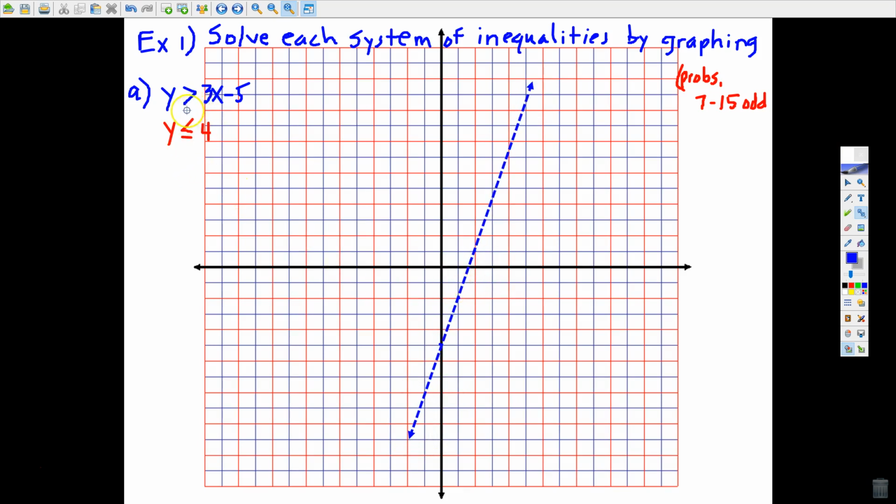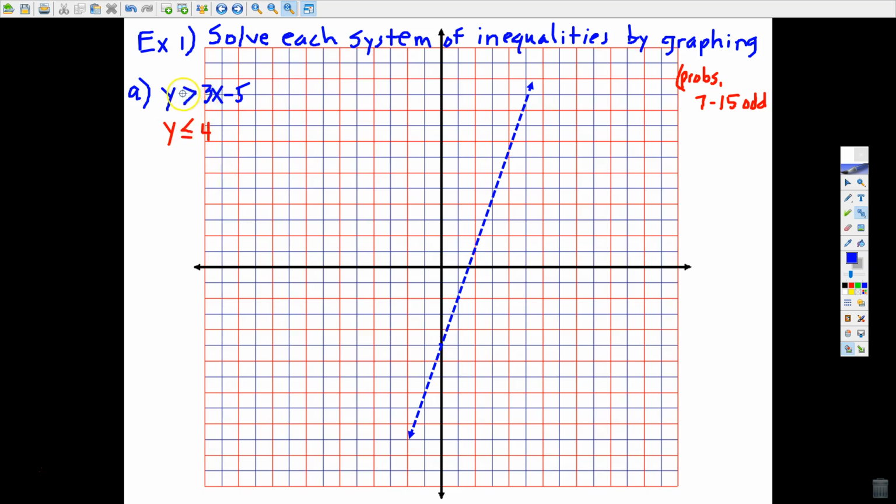And typically, when I'm solving these systems, we're going to have two boundary lines, and each one of them, of course, is going to be shaded. I typically will wait until both of these are drawn, and I just do all my shading at once. If you would prefer to go ahead and shade as you go, and then overshade the part that would represent the solution, that would be okay.